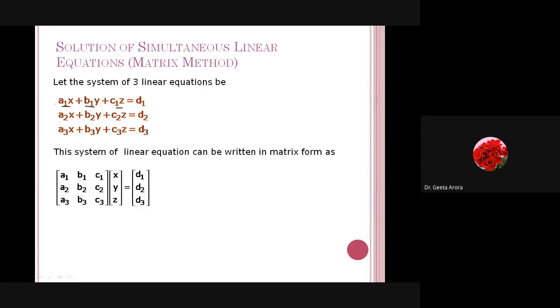Whatever the coefficients are, we take them as a matrix. So here we have A1, B1, C1, A2, B2, C2, A3, B3, C3. When we are working with numericals, obviously it will be numerical values.